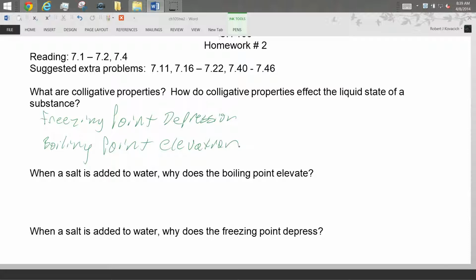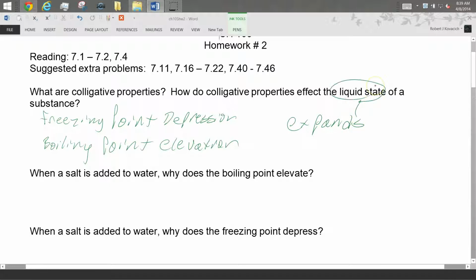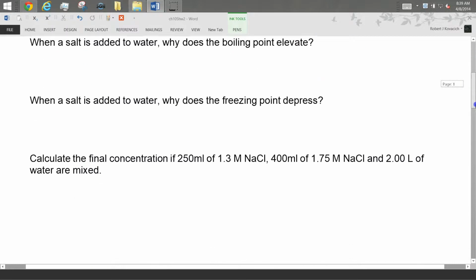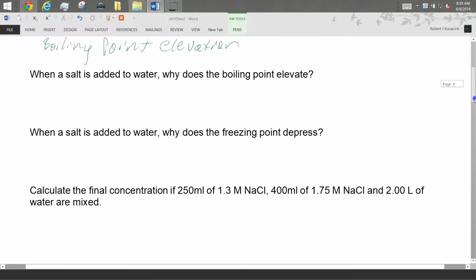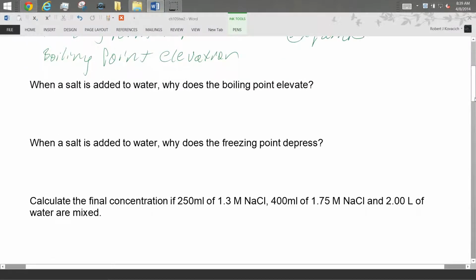And so how does that affect the liquid state? It's liquid over a longer period, or a longer temperature range. Okay, so we throw salt in, and why does the boiling point go up?